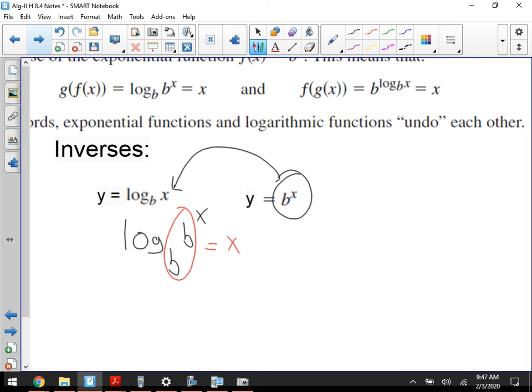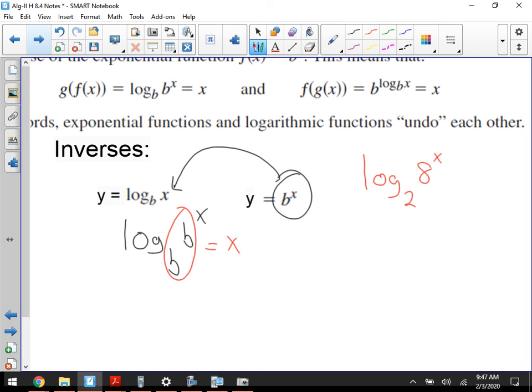The reason that we use this stuff is because eventually we'll have a problem that'll say log base 2 of 8 to the x, and I want to simplify that. How do I rewrite 8 as a base 2?